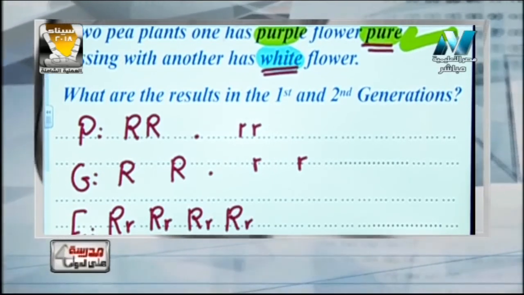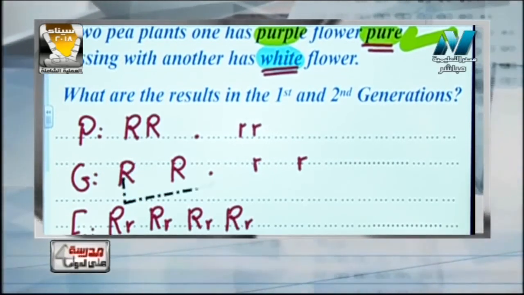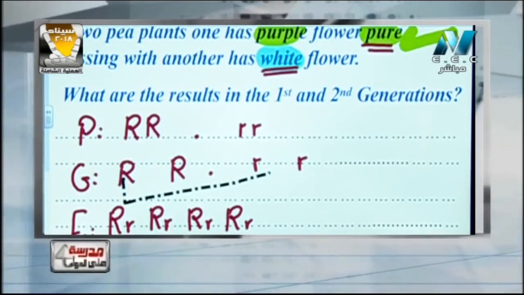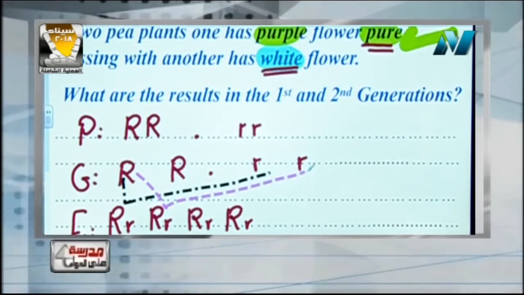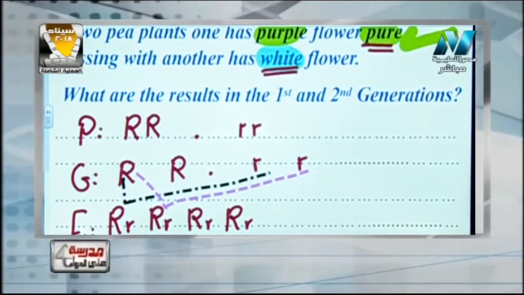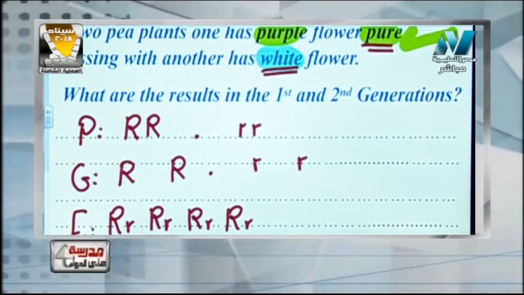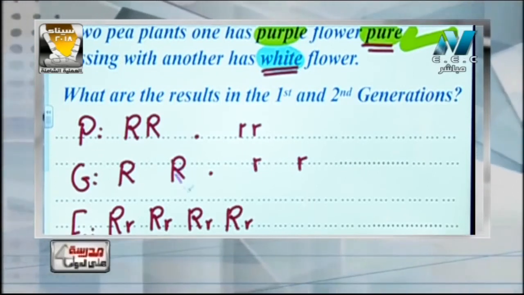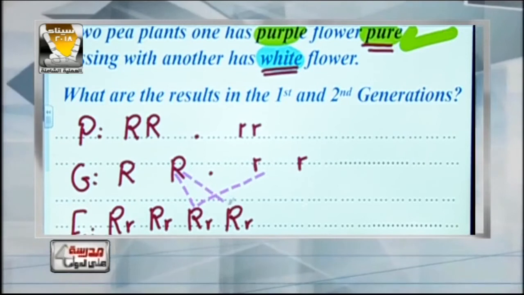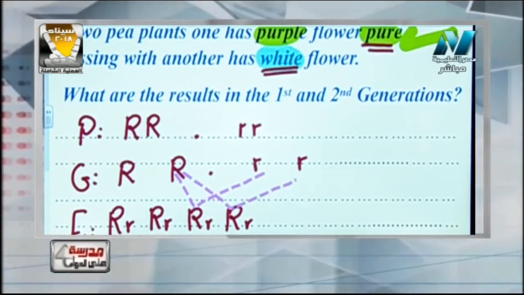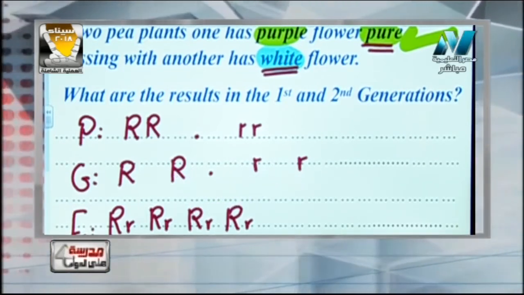How did you know? I tell him, of course, we do it like this: first with first, then first with second as you see, and then go back again, second with first, then second with second. So we know now how we deal with this type of question.